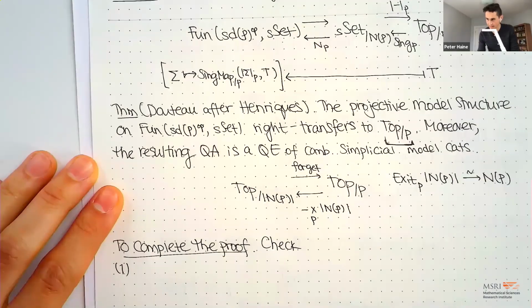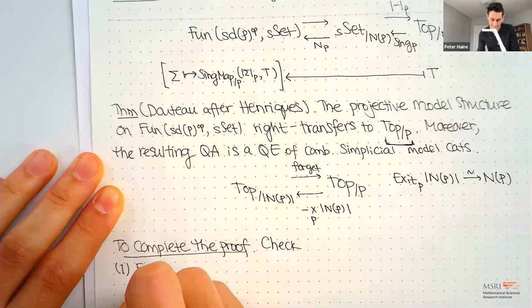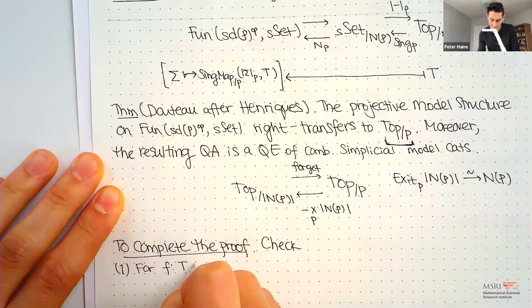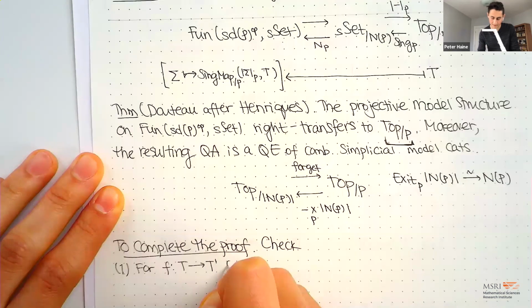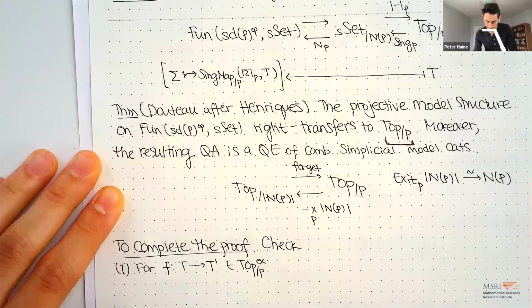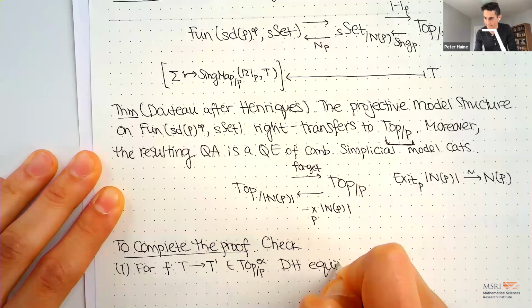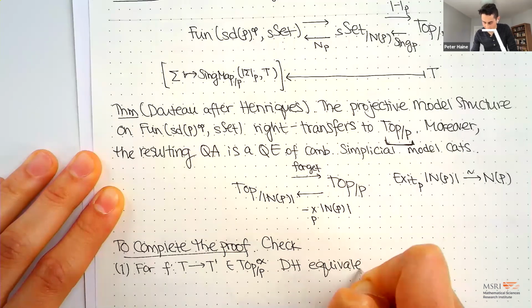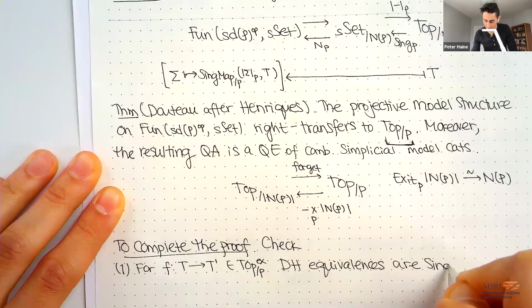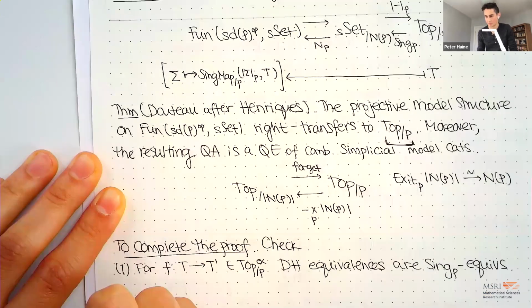Yeah, so you need to check that for a map between objects such that their Sing P is a quasi-category, the Dwyer-Kan equivalences are the same thing as equivalences after doing Sing P. And the second thing, that part's easy.